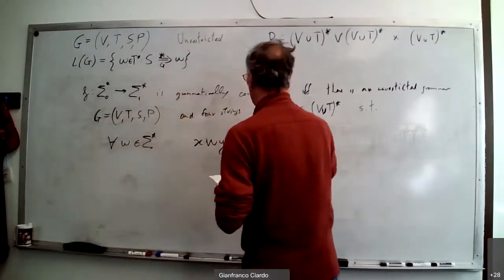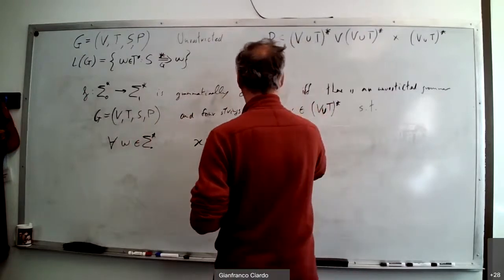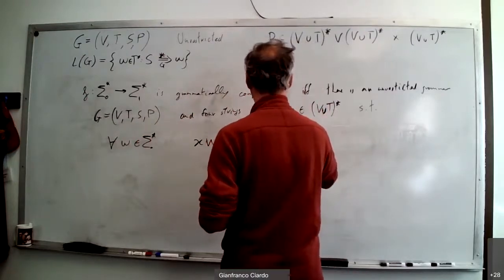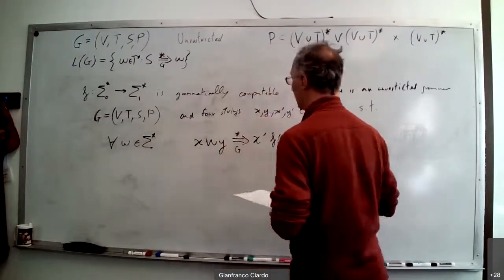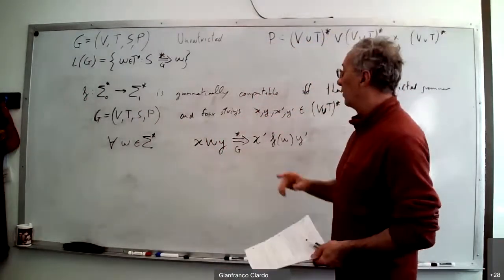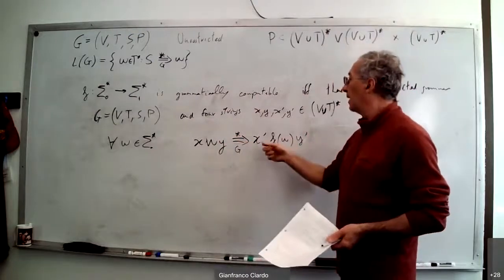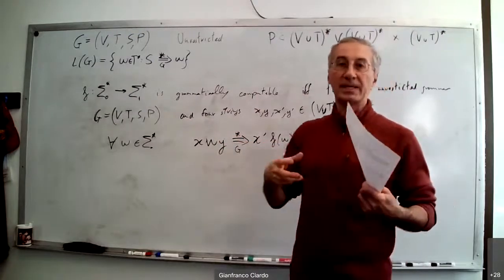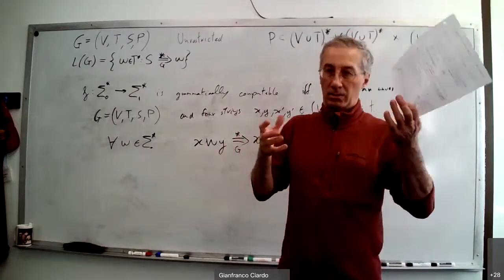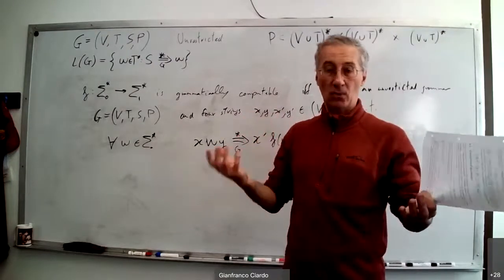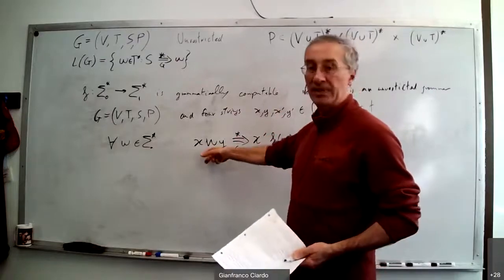The grammar in some number of steps will reach X prime F of W Y prime. In other words, think of the X and Y as the way to present the input. So I give you the input bracketed by X on the left and Y on the right, and the input is W there.